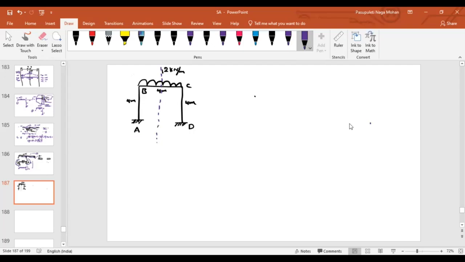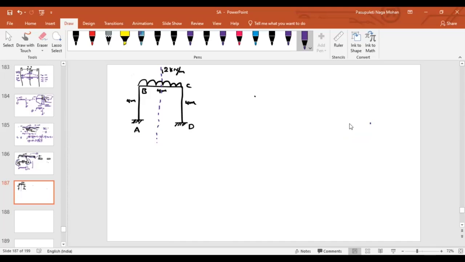In the previous case, the symmetry is exactly cutting at one of the supports. But here it is not cutting at one of the supports. It is cutting exactly at the middle. Obviously, if any structure is symmetric, either it will fall along one of the supports or it will cut the section exactly at the middle, isn't it?